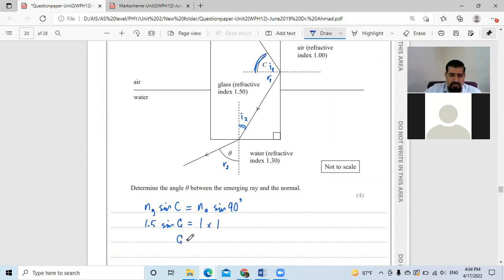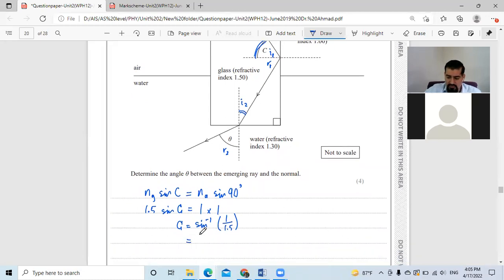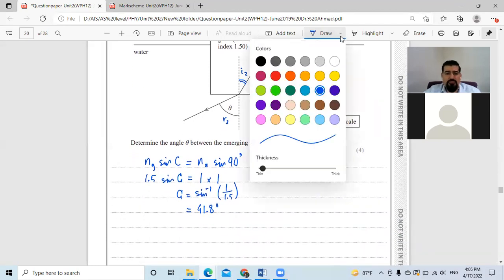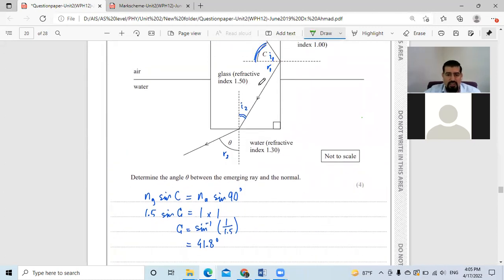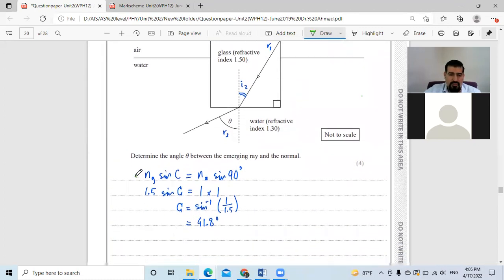That means the critical angle will be sine inverse of 1 over 1.5. And by using the calculator, it will be 41.8 degrees. So, yes, thank you, Ammar. This is I in the first situation.